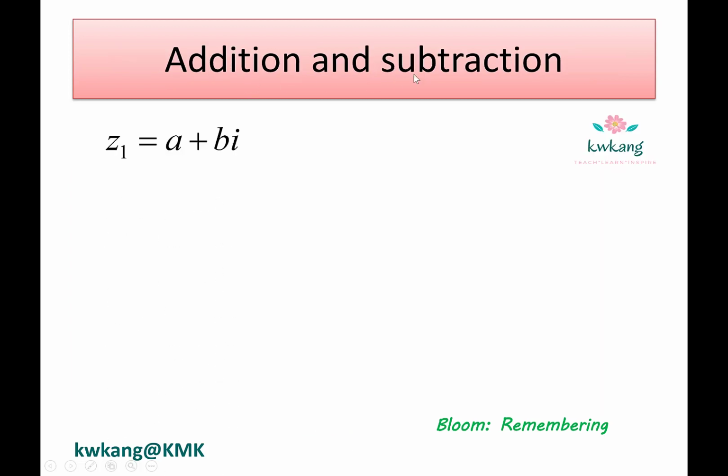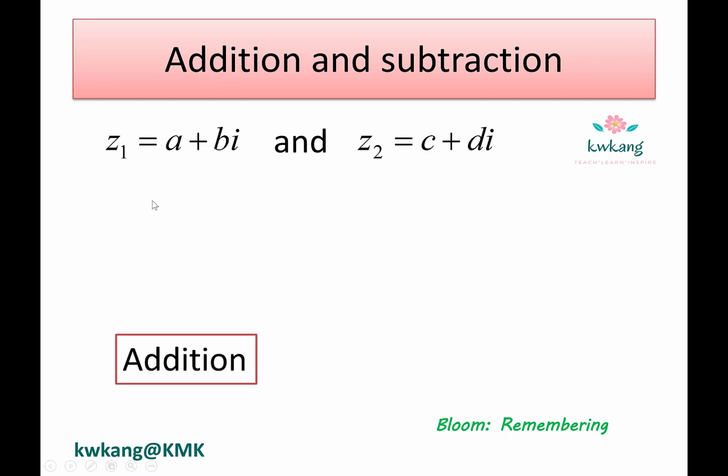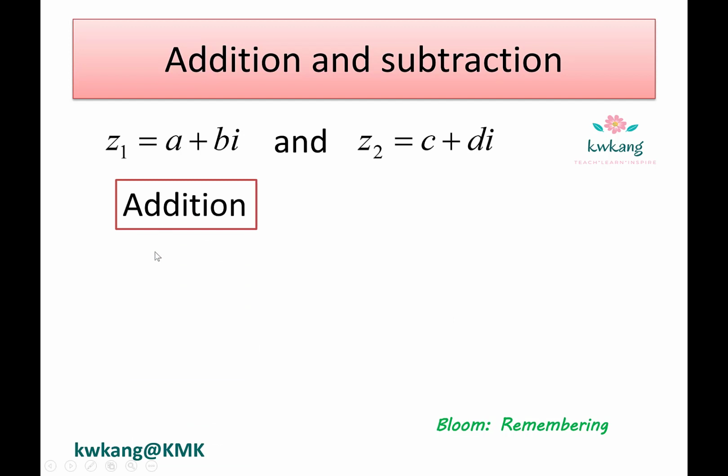Addition and subtraction. Let's say we have z1 equal to a plus bi and z2 equal to c plus di. For the addition of complex numbers, z1 plus z2 is equal to (a plus c) plus (b plus d)i, where the real part is added to the real part and the imaginary part is added to the imaginary part.